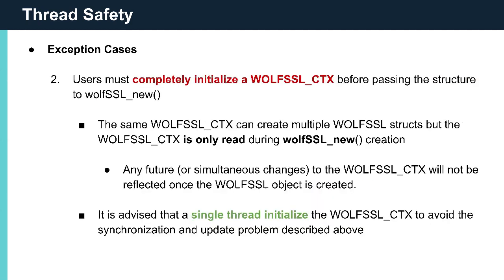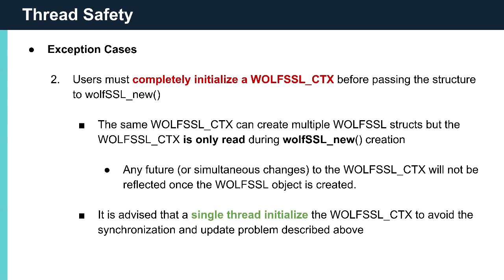The second exception case is in relation to the wolfSSL context. A wolfSSL context is kind of a factory for sessions. You'll set a lot of your settings, certs, and keys up in the context first. You do need to completely initialize that before you start making individual sessions from it with wolfSSL_new.